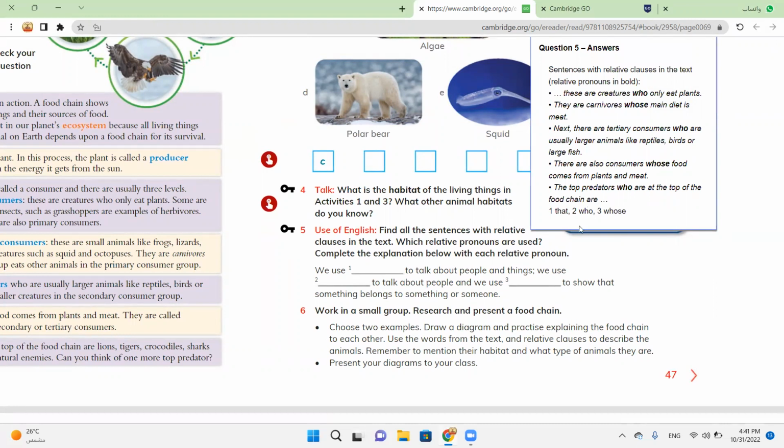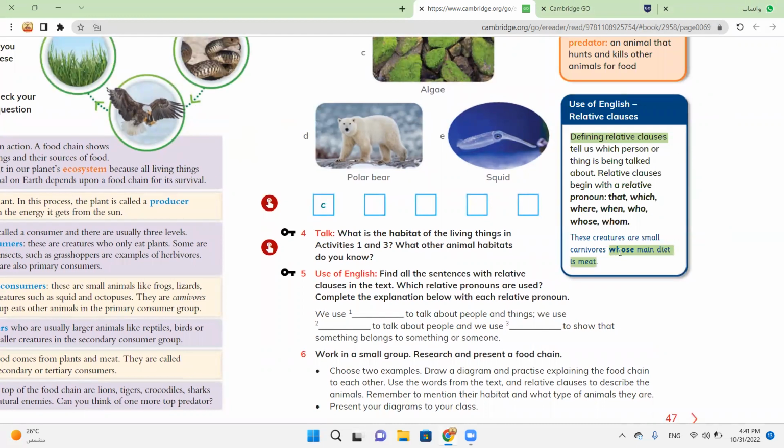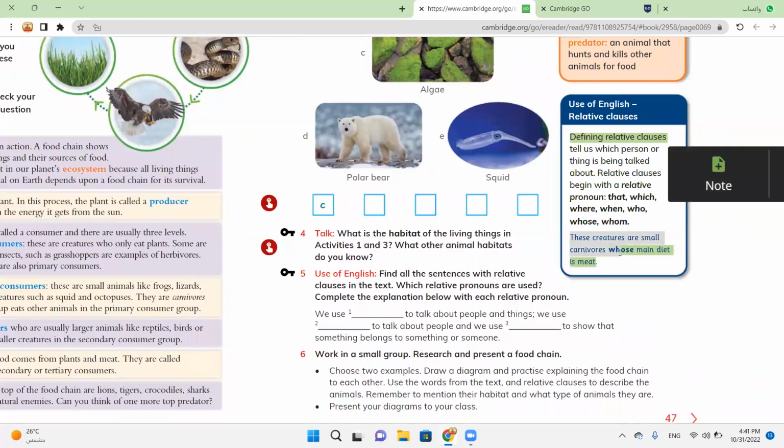Who is Ahmed, or who left, who did that. We talk about people. Number 3, whose, to show that something belongs to something or someone. This pen, whose pen is this? Or we can say whose main diet is meat if we are going to use this type of sentences.